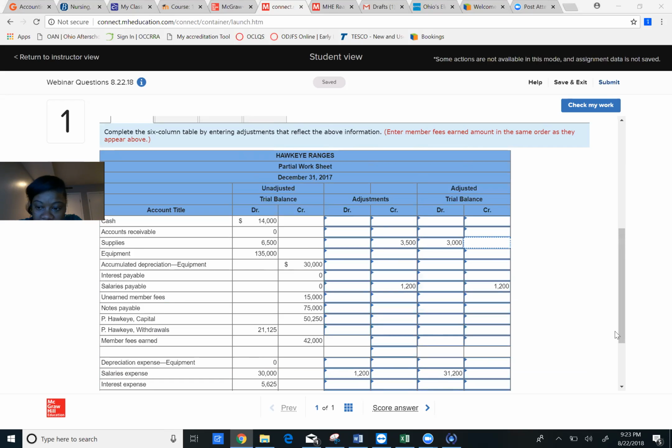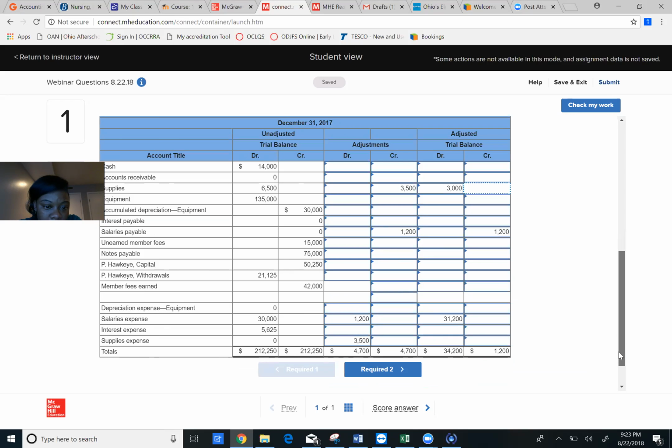So we have our supplies expense of 3,500. We had nothing in there before. We're gonna add 3,500, and so our balance is gonna be 3,500. Make sense? Yes. It's okay that that's not $3,000, because what they told us was the cost of supplies still available was 3,000, not the amount of supplies we used.